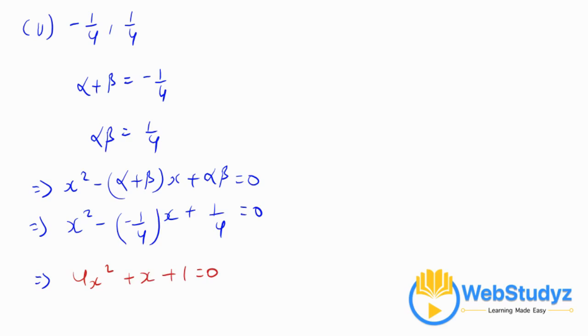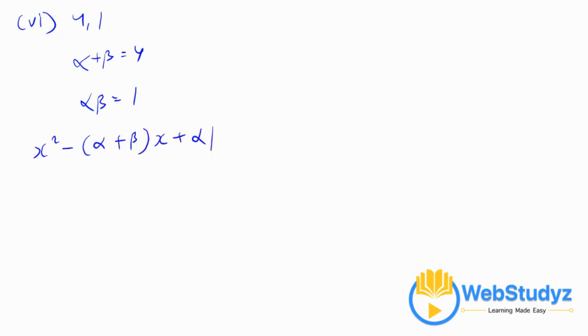Move on to the sixth one. Here the sum of roots is 4 and the product of roots is 1. So alpha plus beta will be 4 and alpha beta will be 1. And the quadratic equation is x square minus (alpha plus beta) into x plus alpha beta equals 0.